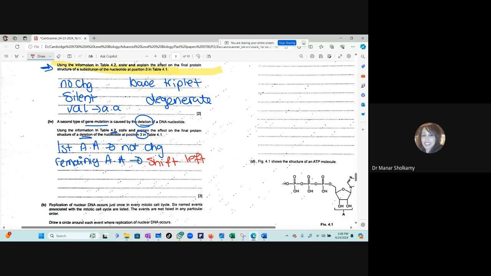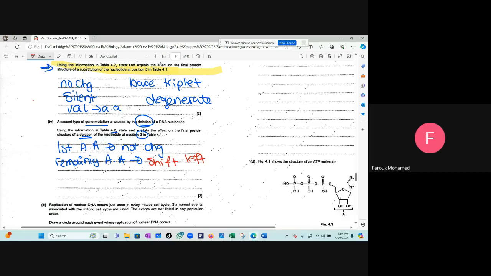So what is the keyword that I'm looking for? Let me remind you, it has a knock-on effect. Very good. It has a knock-on effect. And this type of mutation is known as the frameshift mutation. Didn't you say that the base is going to change and all the remaining bases will shift?